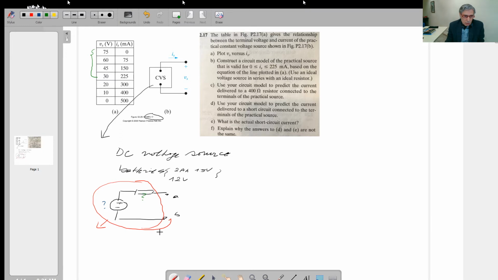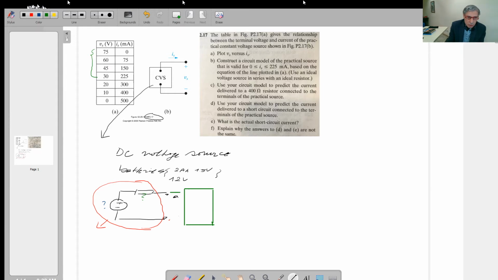Let me clear this a bit, make it a bit better. I'm going to consider there is a circuit here. I don't know what it is, but what I know is this current, that IS.